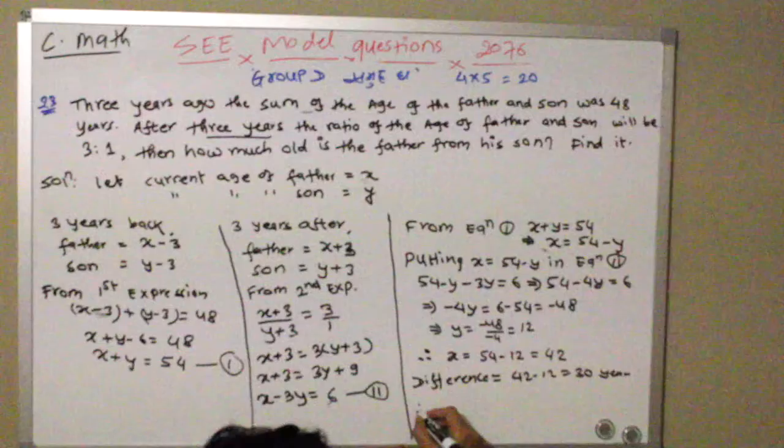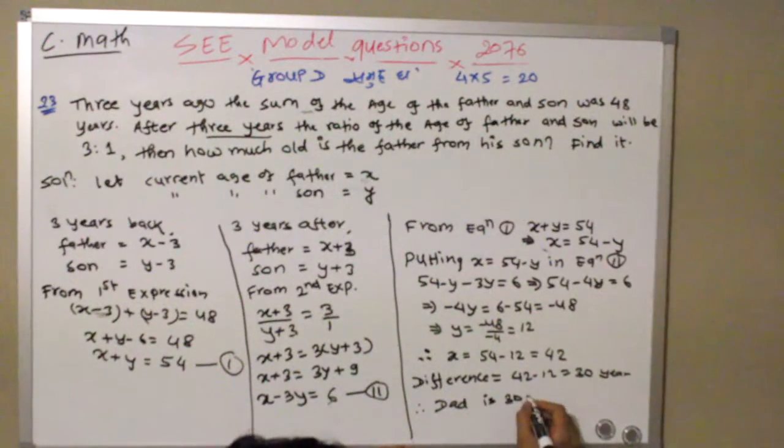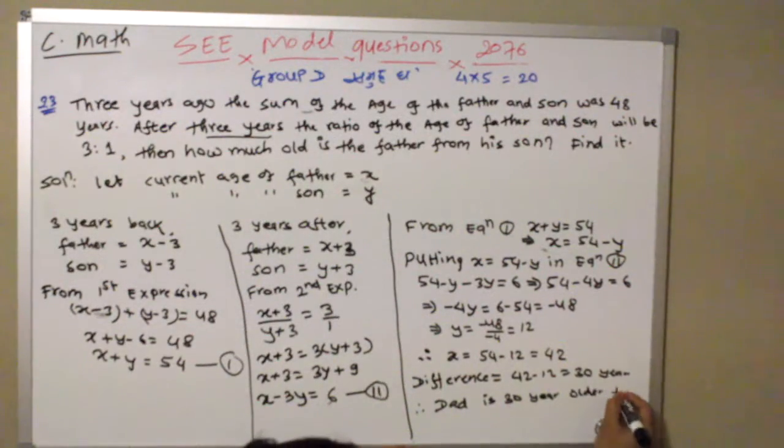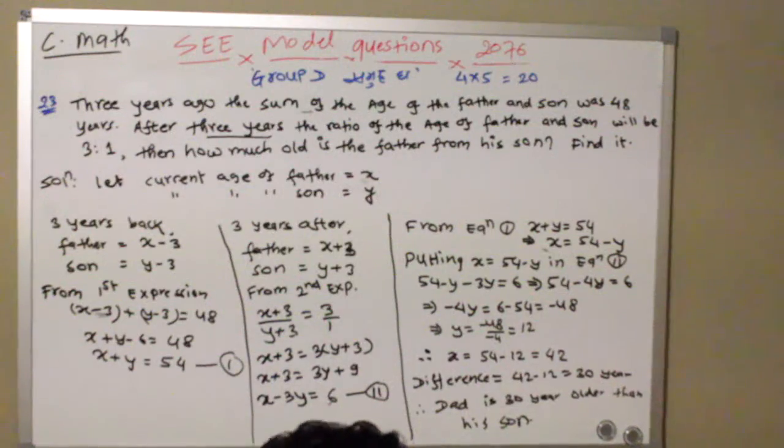So the dad is 30 years older than his son, or the son is 30 years younger than his dad.